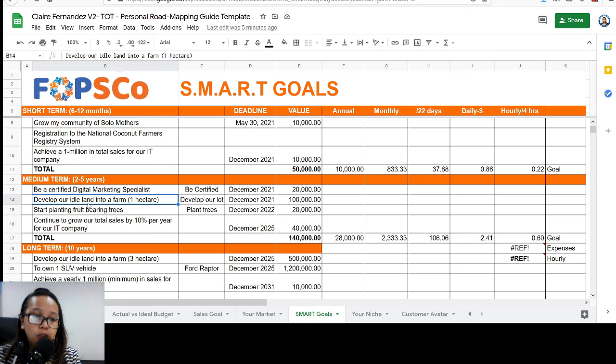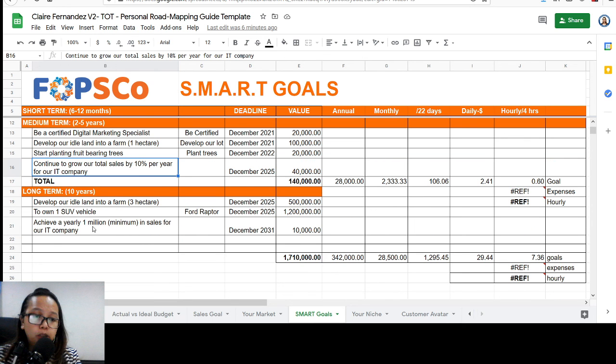We actually have more than 8 hectares of land, but I just want to develop one. This is a medium-term goal, so it should be achievable. I want to start planting fruit-bearing trees. I love mangoes and also pomelo, atis, and other fruit-bearing trees. Continue to grow our total sales by 10% per year for our IT company.